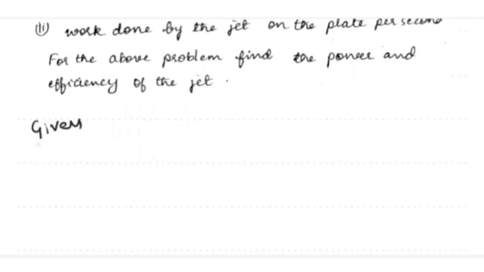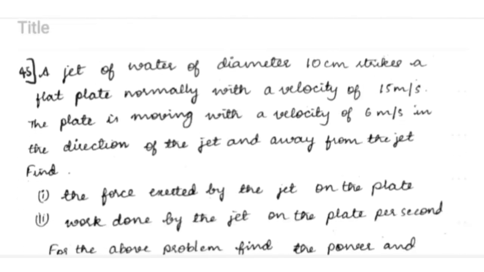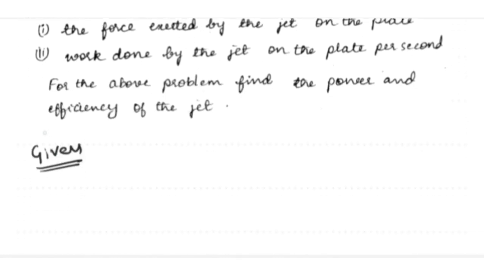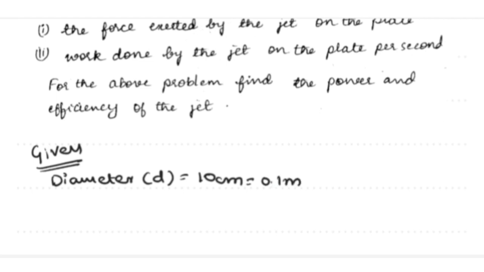So let us write down the given data by reading the question. Initially they have given the diameter of jet, d is equal to 10 centimeter, that is equal to 0.1 meter. We can calculate the area of jet by knowing the diameter.